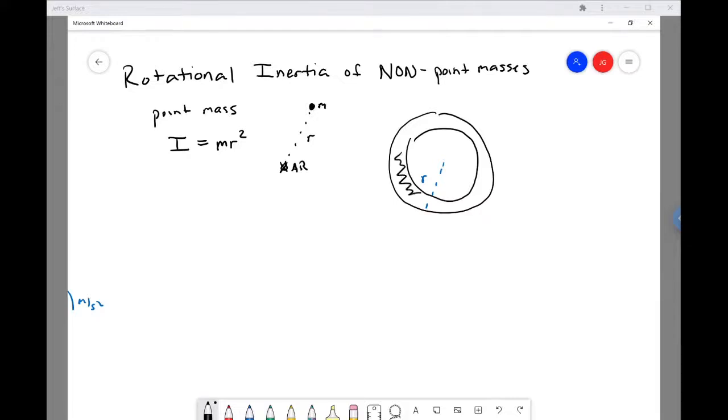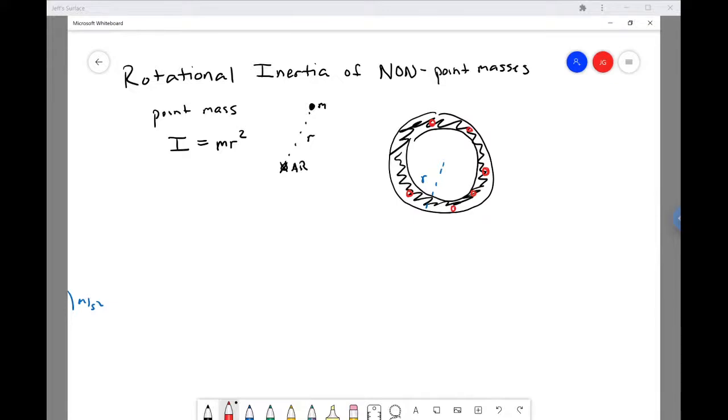But this wheel has mass everywhere. There's a little piece of mass here, a little piece of mass here, a little piece of mass here, and you could do something called discretization.